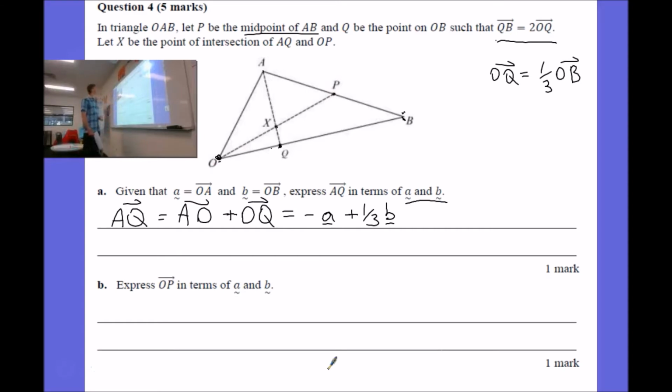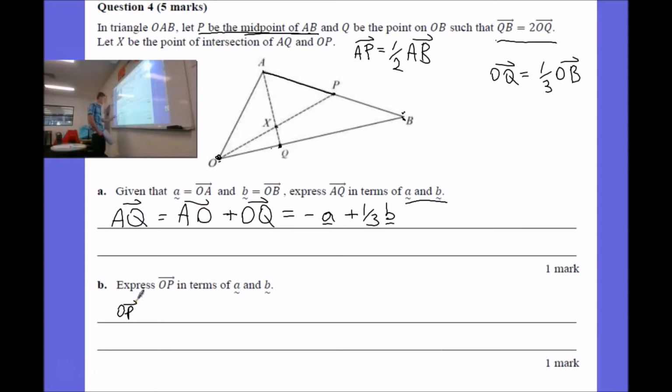Well, point P is the midpoint. So that might be A to P being a midpoint segment from there to there. Well, that's just a half of A to B. That's what we can state from the definition of a midpoint. All right, so let's try it.